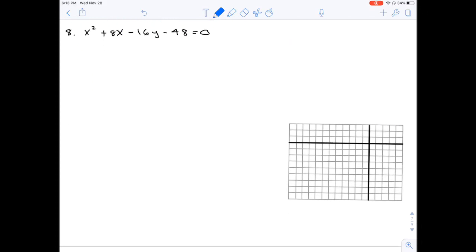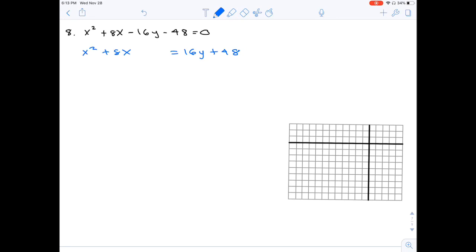Last one. Whew. I am tired, but good. Let's go for it. Last one. See what you can do. Okay, so for this one, the x is being squared, so this is going to be vertical. So we get x squared plus 8x equals 16y plus 48.